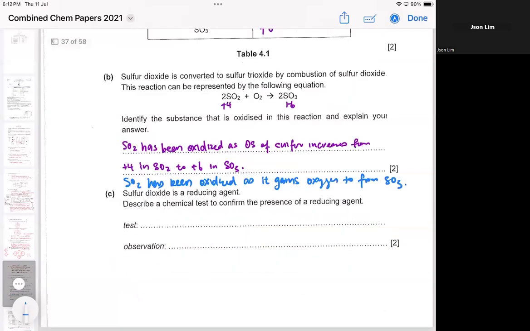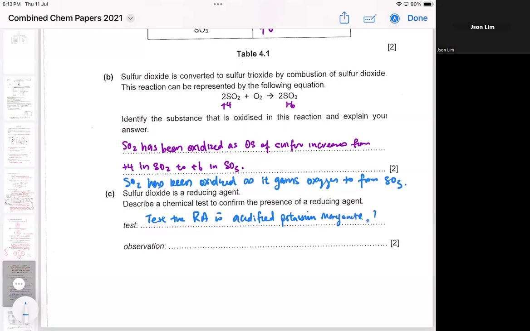This is a QA question. So we want to describe a test to see whether a reducing agent is present. So we can test the reducing agent with the standard equipment, acidified potassium manganate.